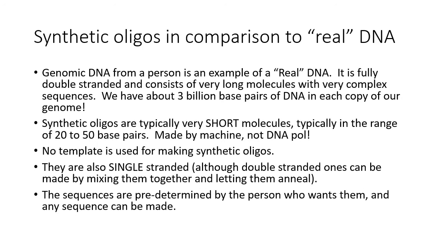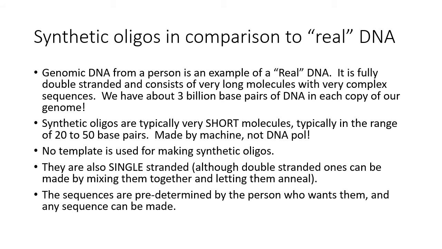In contrast, genomic DNA from a person is real DNA. It is fully double-stranded, and the molecules that are present, even in a fairly chewed-up mixture, are very, very long, several thousand or hundreds of thousands of base pairs long. So they're very complex sequences.